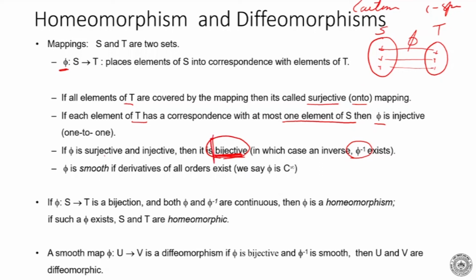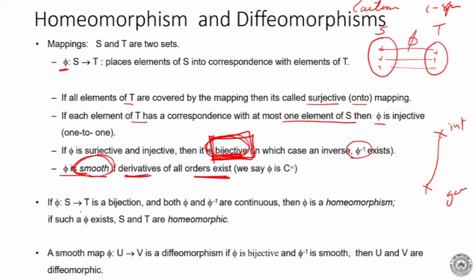Please note the importance of this bijective mapping. The other point is phi is smooth if derivatives of all orders exist. We said that we have a path from initial point to goal point, and this path has to be continuous. Continuous means it is smooth if derivatives of all orders exist. So it has to be bijective and it should be smooth.